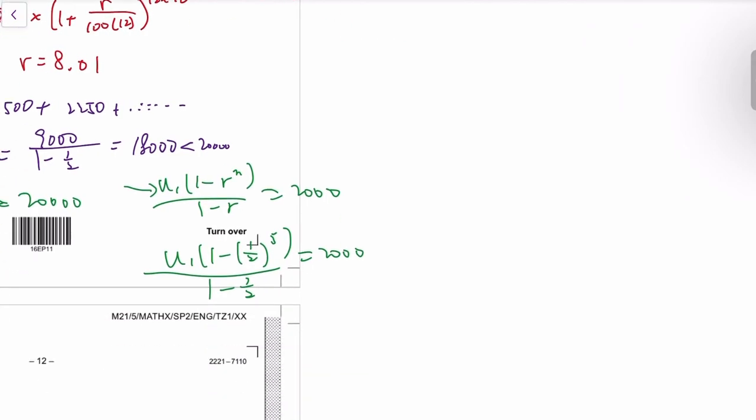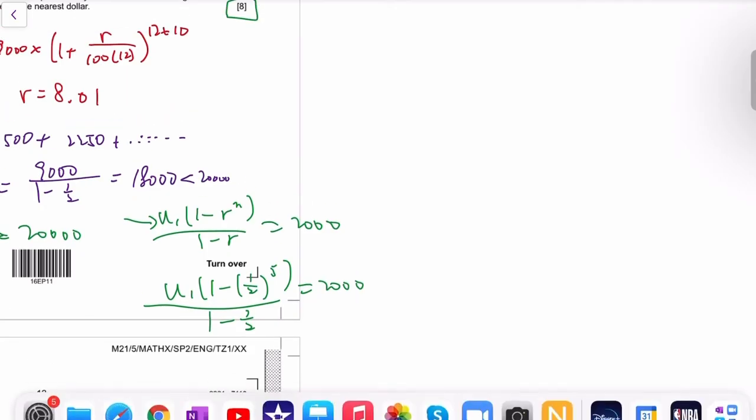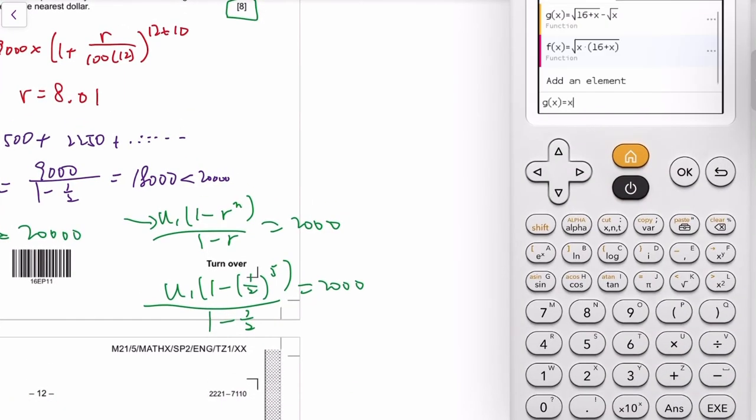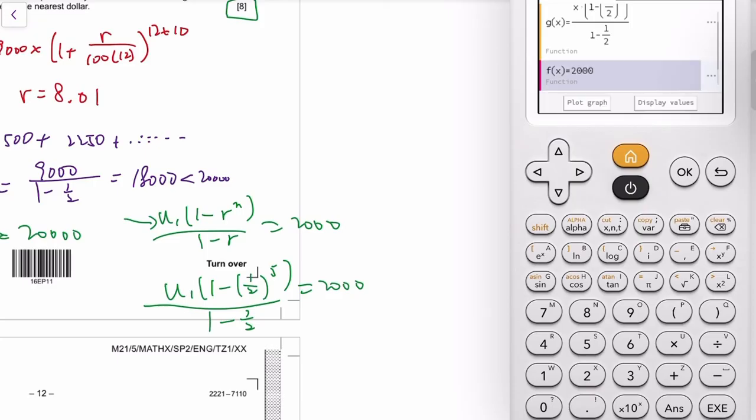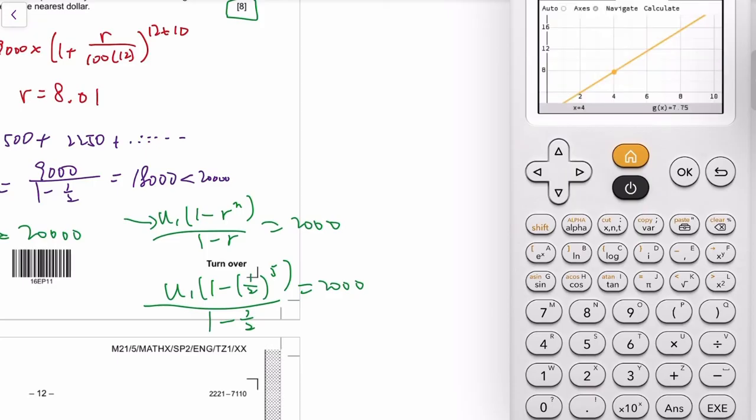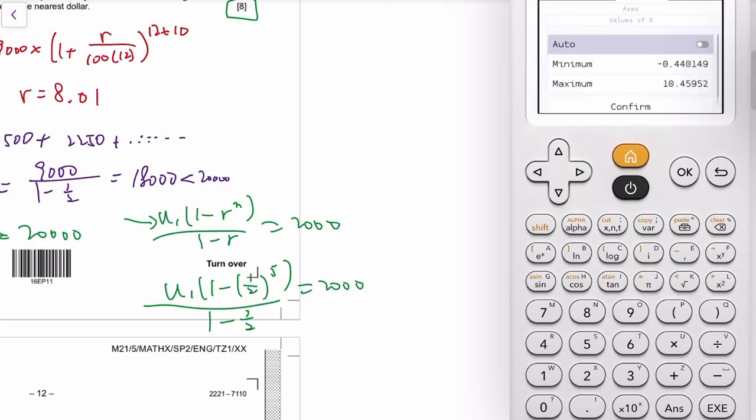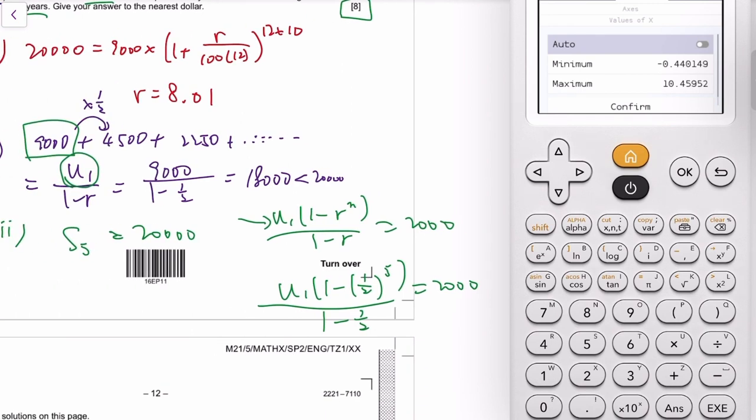This is again the job of a GDC. u1 is our x times (1 minus (1 over 2) to the power of 5), close brackets, over 1 minus 1 over 2, and we need this to equal 20,000. Okay, plot. So we need to change the axis a little bit. u1 is like money, right? We know it's probably bigger than 9,000, so we'll need quite a bit.